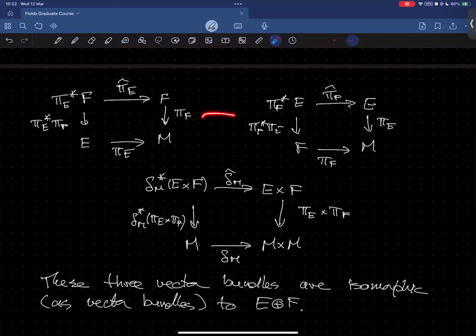Okay, good. So that's these two. Let's look at this one. So again, let's just look at the first part of the diagram, okay? And so the definition of pullback bundle says we take points in M cross E cross F, okay?